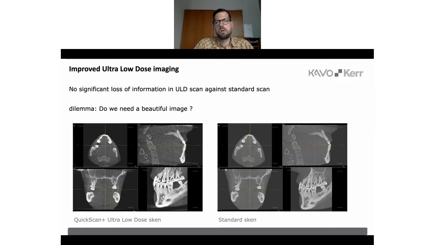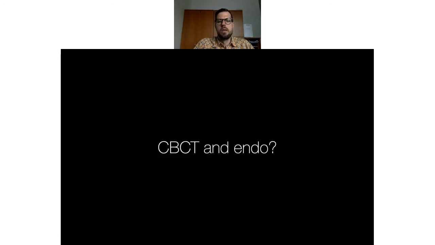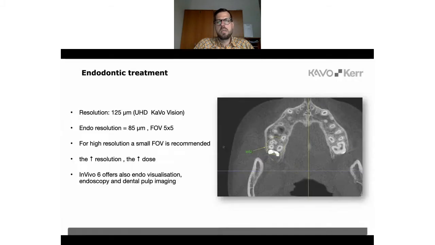Do we need always a beautiful image, you know? So what about CBCT and Endo? For me, CBCT is crucial for the endo treatment, especially in hard cases. So there we must use high resolution.